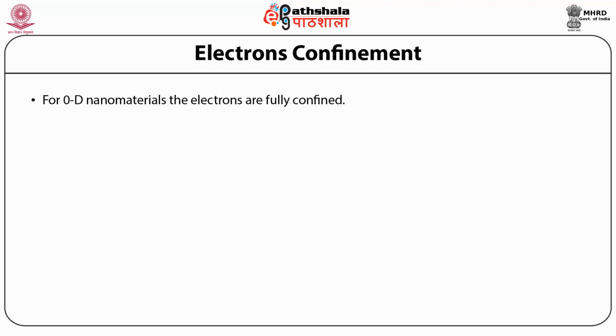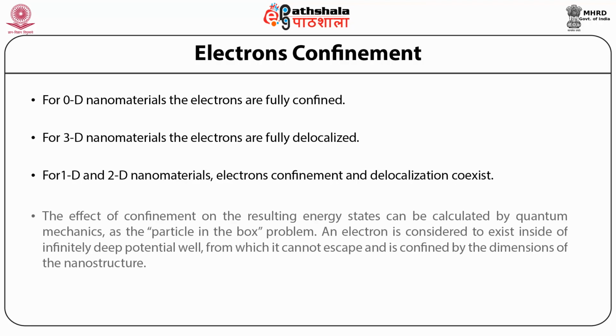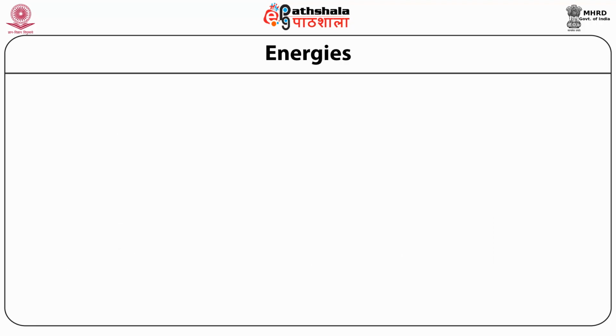For 2D nanostructure, the motion of electron is confined in one direction. Similarly, for 3D nanostructure, electrons are not confined in any direction. They are free to move in all the directions. The electron confinement can be understood by considering the case of the particle in a box problem.